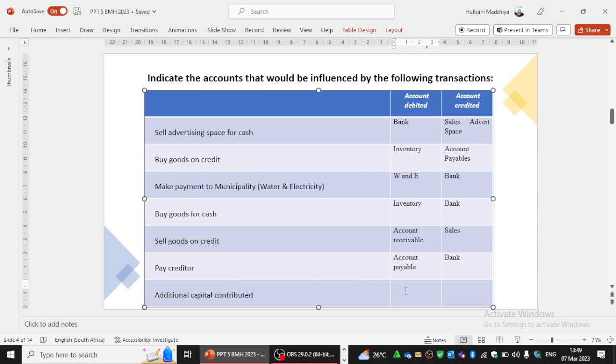So bank goes up on the debit side. We're going to have bank being debited and capital account being credited as it increases on the credit side. If this is capital for me, I'm just going to write my name afterwards to indicate that this capital contribution is from me, in case there are other investors.